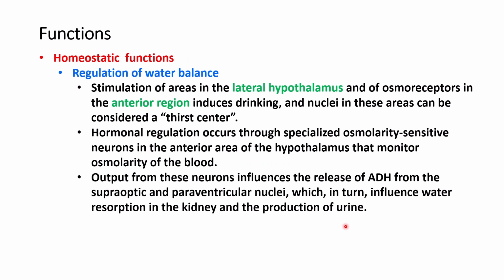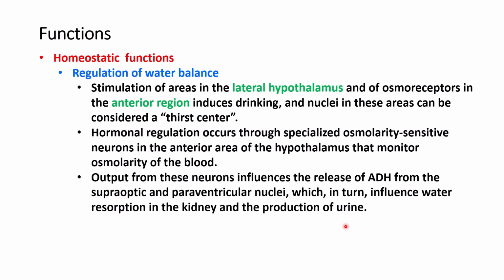The regulation of water is another function of the hypothalamus. Here there are osmoreceptors controlling the osmolarity of the blood, located in the anterior region of the hypothalamus and also in the lateral hypothalamus, the lateral zone, the parasympathetic area, and these are called the thirst centers.